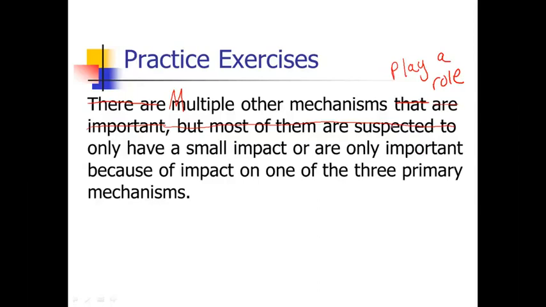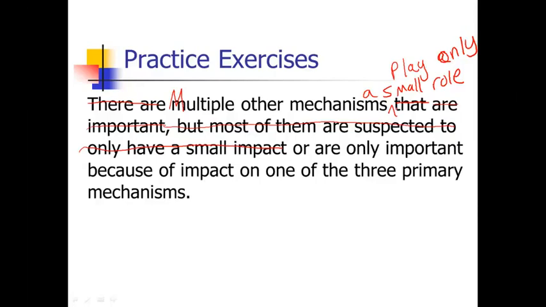So what I'm going to do here is be really direct and say "multiple other mechanisms play," and instead of saying "the small impact," I'm going to say "play only a small role." So how about that, right? There I'm capturing the idea that some of them only have a small impact. So, "multiple other mechanisms play only a small role, or," and then we can go right into "they either play a small role or they're working through one of the three primary mechanisms."